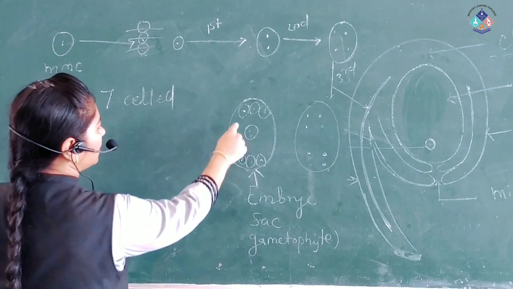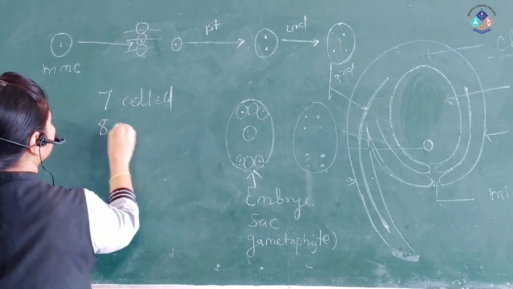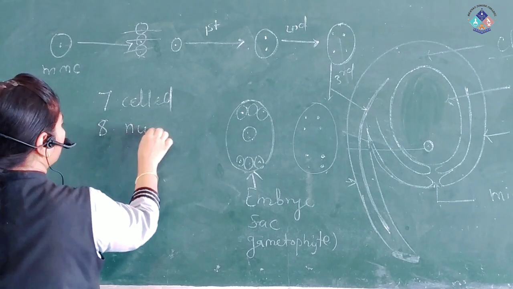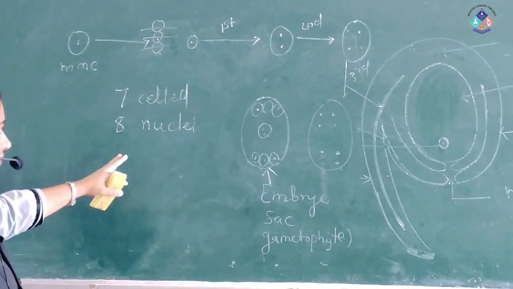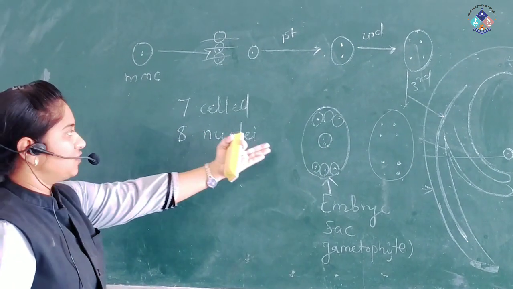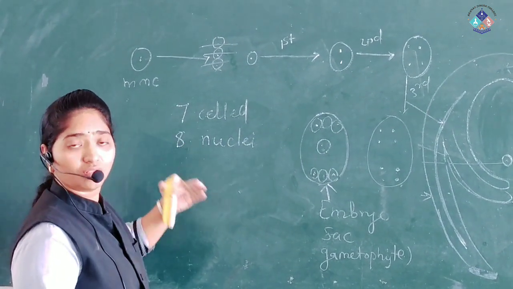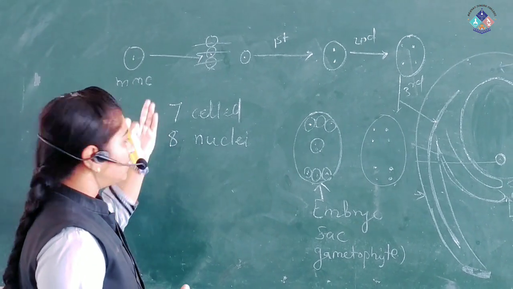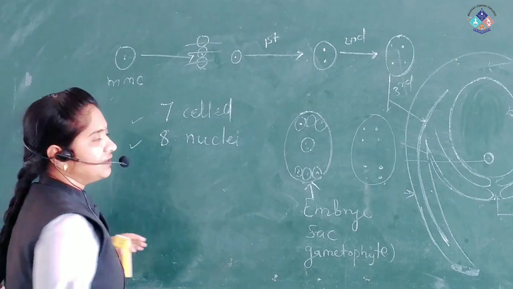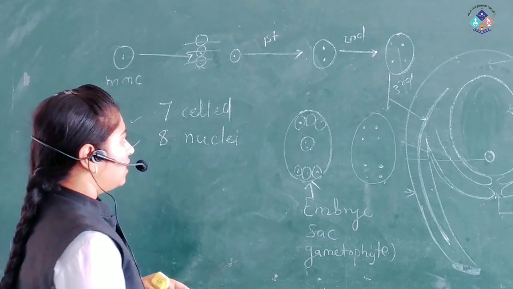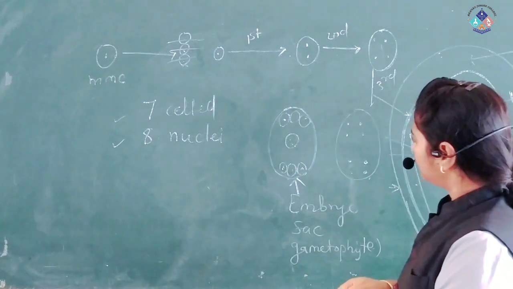And how many nuclei? 1, 2, 3, 4, 5, 6, 7, 8 nuclei. The same question has been asked in NEET. The embryo sac is 7-celled or 8-celled, 7-nucleated or 8-nucleated? The answer is a 7-celled 8-nucleated structure. Then we'll label the cells.